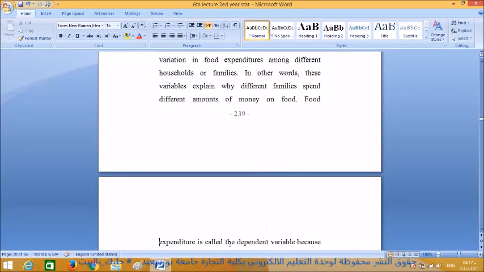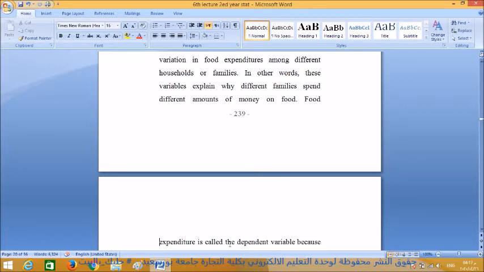Now, food expenditure is called the dependent variable. So income is the independent variable and food expenditure is the dependent variable.